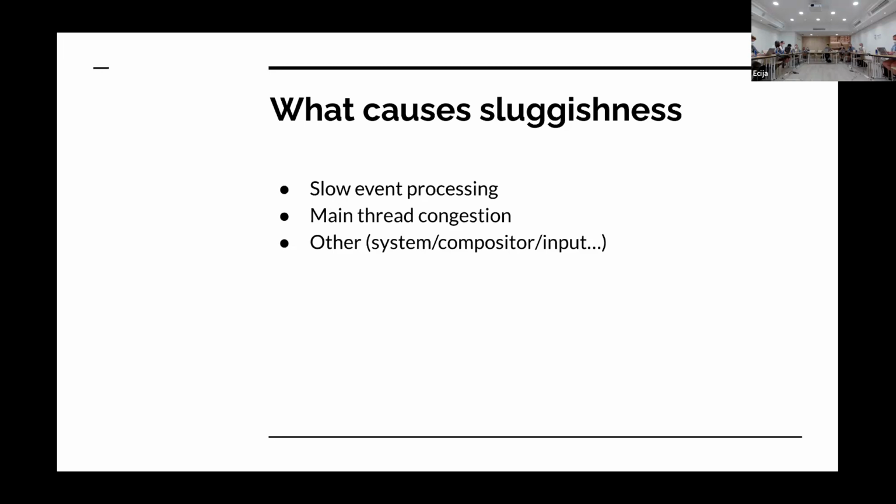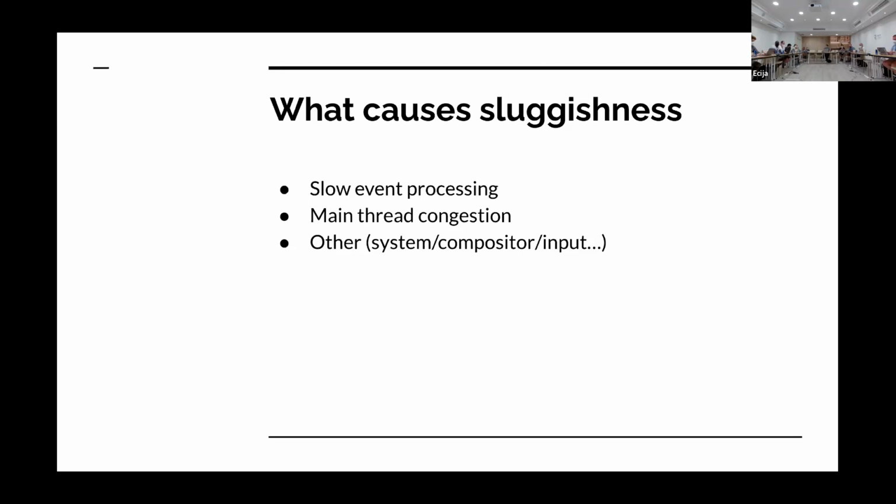We can divide it roughly into three main things, probably more, but it's a good rough start. One is a very direct, slow event processing. It's pretty clear. You have a click event, you're doing something very long, it takes long to paint it, it's a bad INP. Second one is main thread congestion.